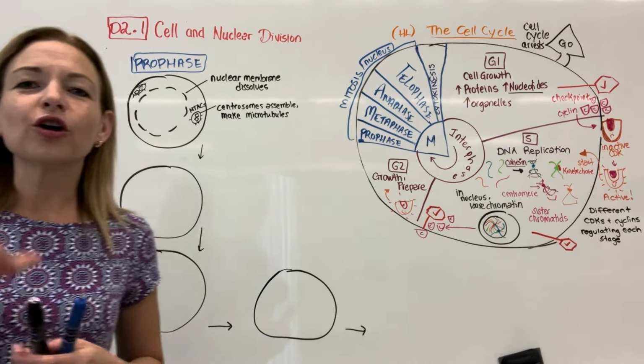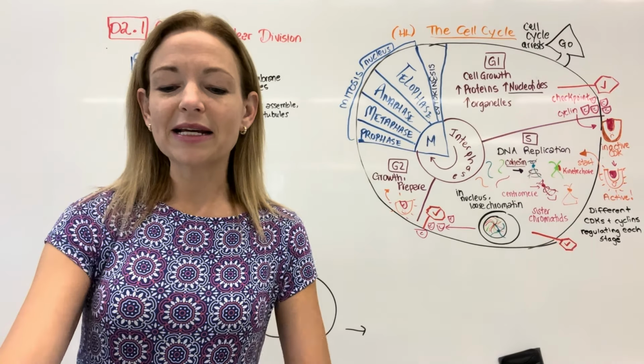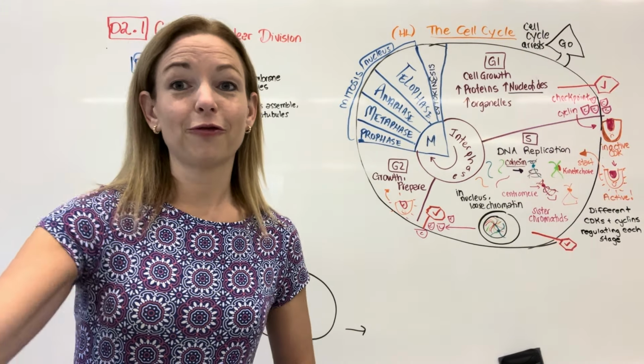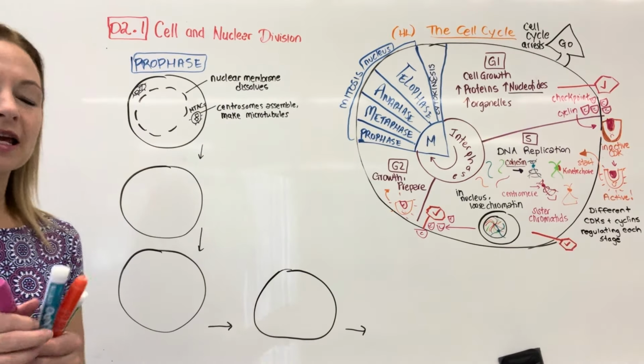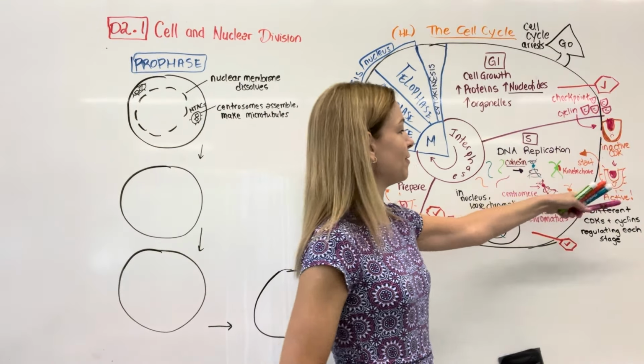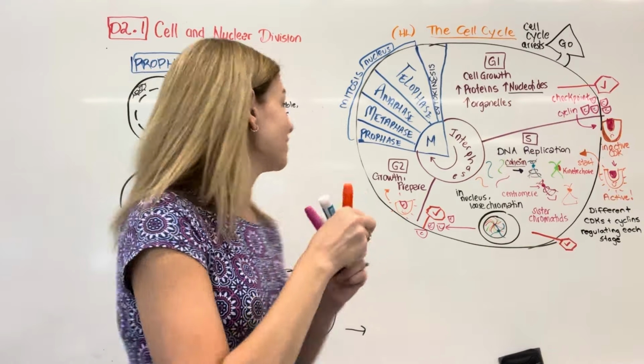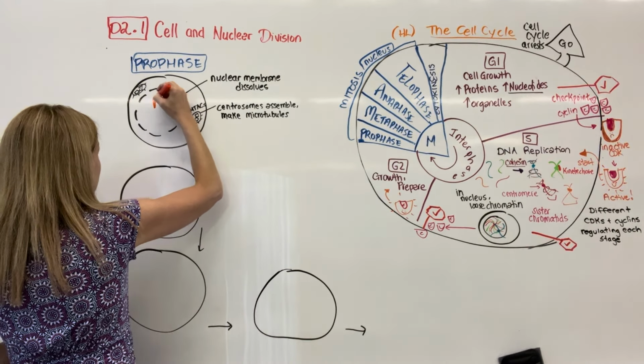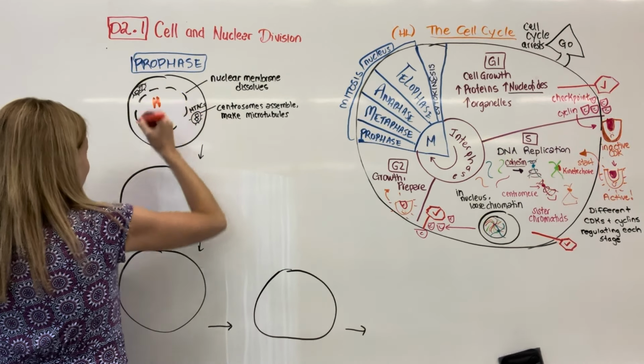Okay, and then the third thing that you need to know is that my DNA is going to condense and become visible now. So whatever your 4 colors, if you want to keep going with those. So instead of looking, even have drawn them there, they should look like nice and thick little, like this. Like that.